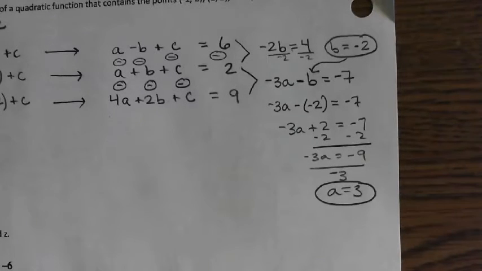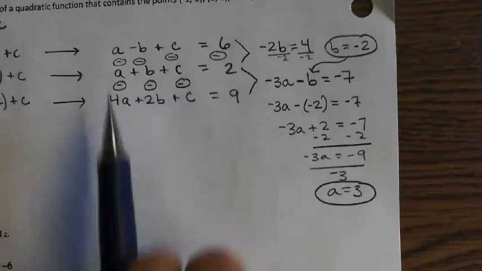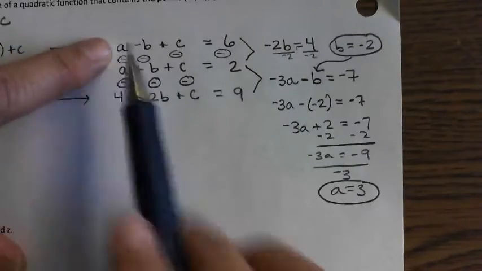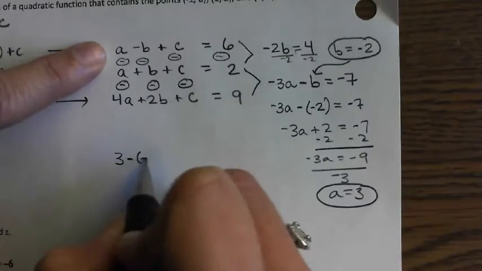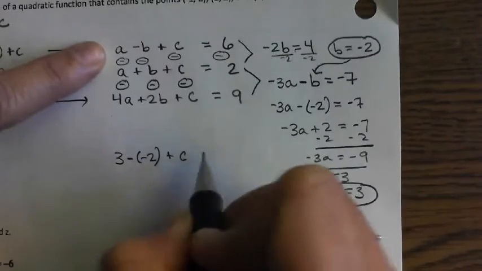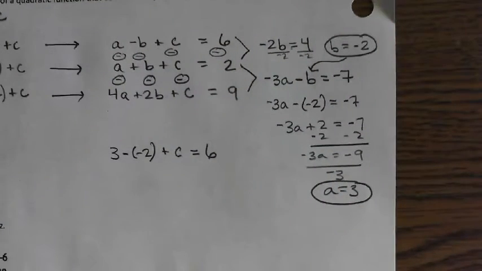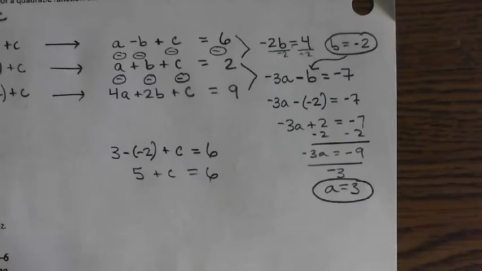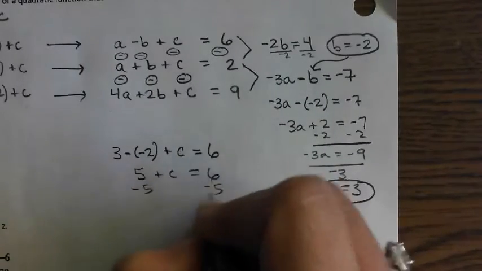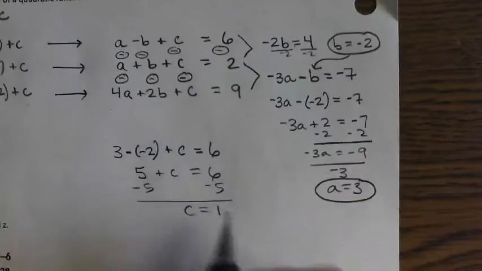But I had 3 variables, so now I have to go back to any one of my originals. The top one's probably the easiest. a of 3 minus b of negative 2 plus an unknown c equals 6. Well, 3 plus 2 is 5, right? So if I subtract 5 from both sides, I am done. c equals 1.